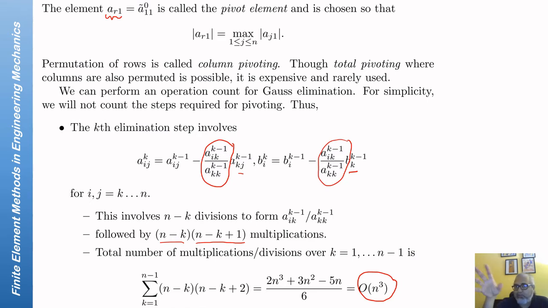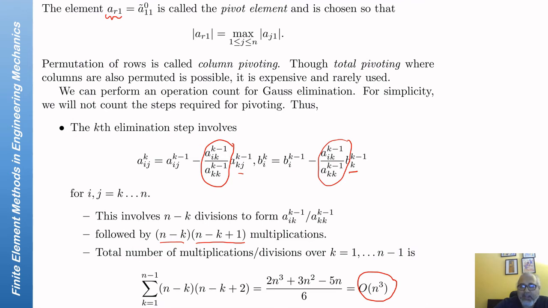So that's the total number of operations you will need to get a solution to a Gauss elimination problem. It goes up very fast with the size of your system. So huge systems will find it difficult and time consuming to be solved with Gauss elimination.